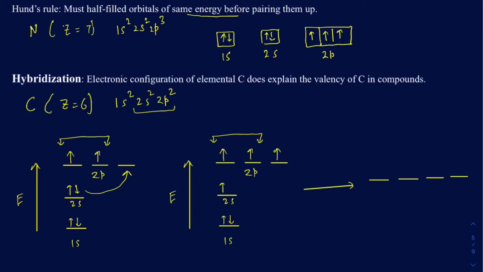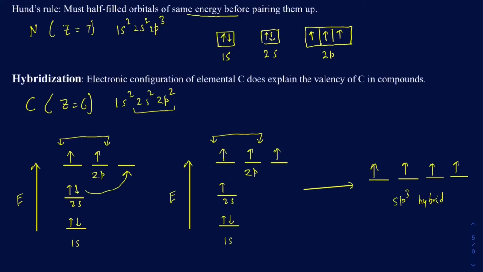Not drawn to scale, but qualitatively, the 2p are higher in energy than the 2s, and when you hybridize the 2s and 2p, they will have energy in between. And then all of a sudden I've got these 4 half-filled orbitals, and they are going to be sp3 hybrid orbitals.